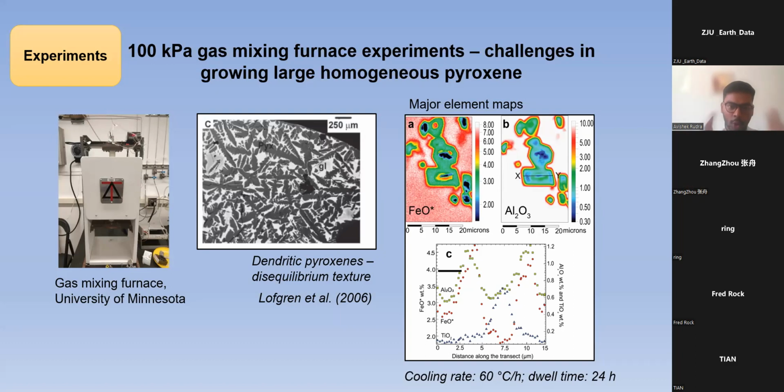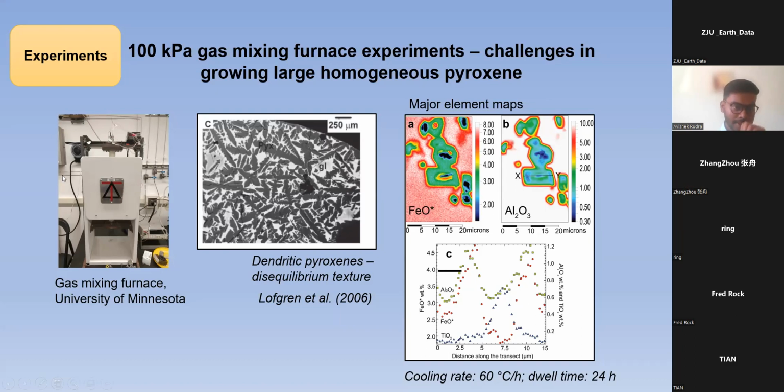Our goal was to experimentally grow pyroxenes in different fO2 conditions and to understand if the partition coefficient of ferric iron between CPX and melt and OPX and melt changes as a function of fO2 or remains constant.